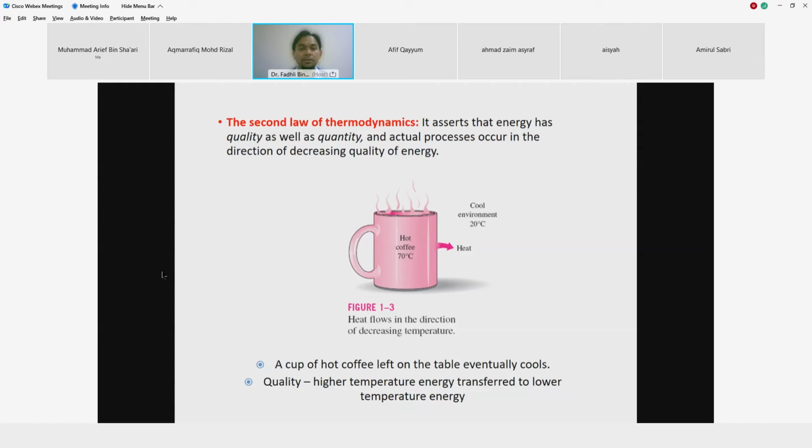So for the second law, we deal with quality and quantity. For the first law, we deal only with numbers.